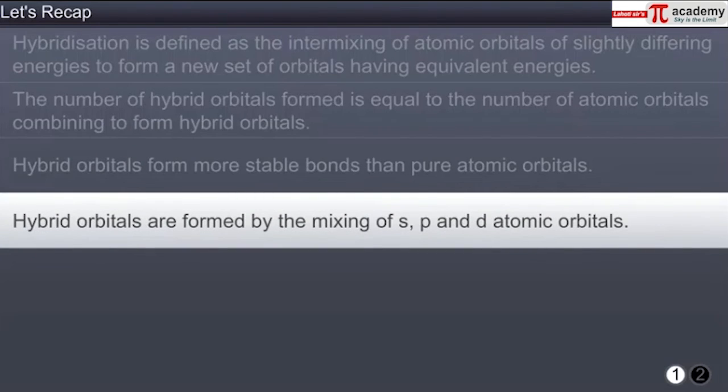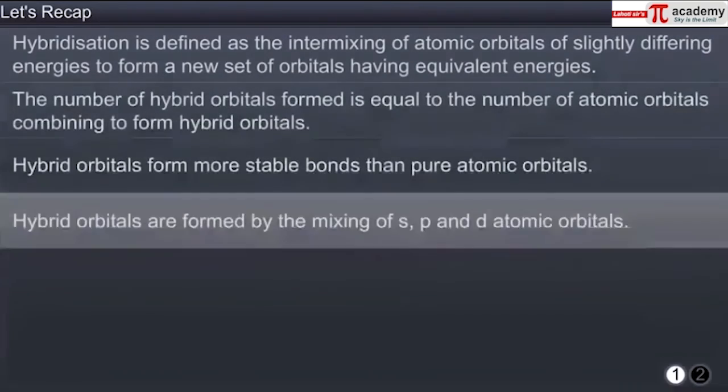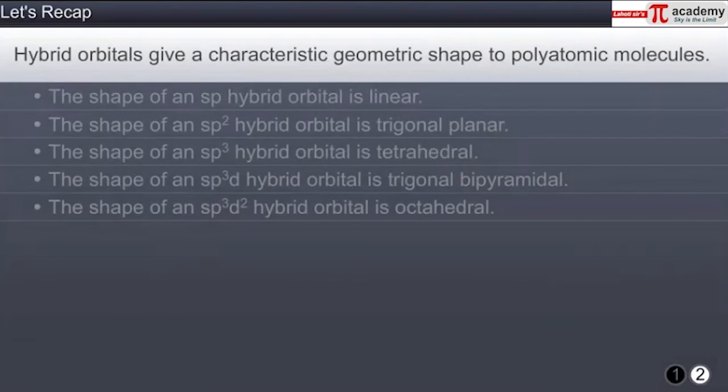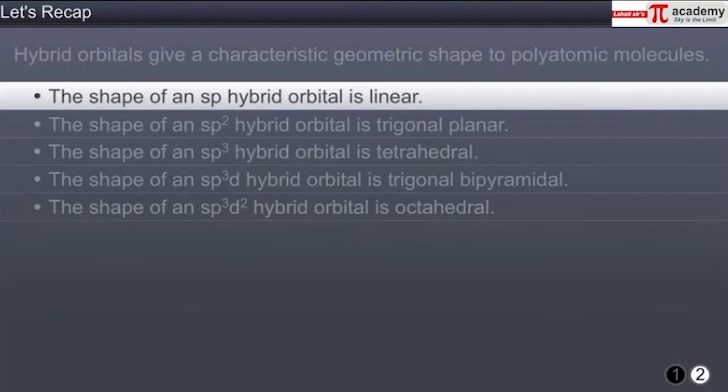Hybrid orbitals are formed by the mixing of s, p and d atomic orbitals. Hybrid orbitals give a characteristic geometric shape to polyatomic molecules. The shape of an sp hybrid orbital is linear.